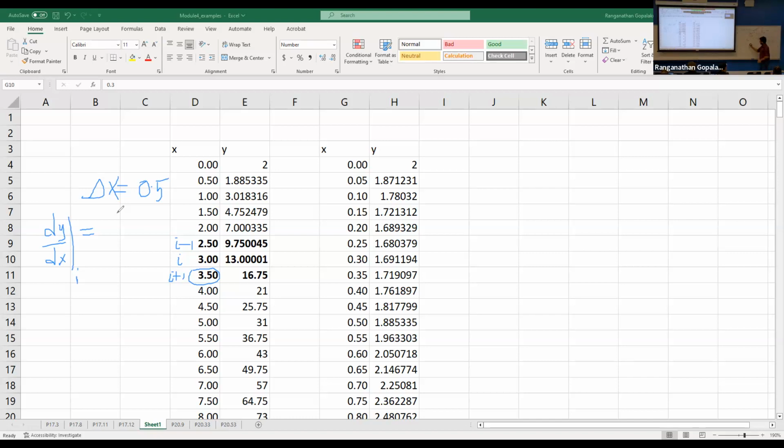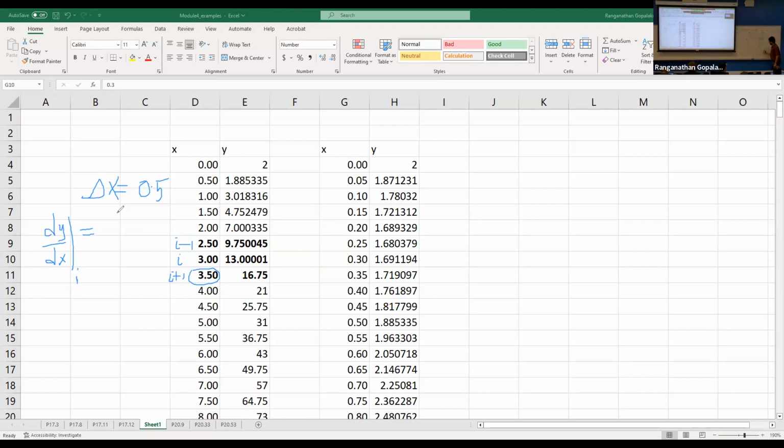So that would be yi minus 1, the value of the function at this point, is the value of the function at this point, yi, minus dy by dx at i times delta x.